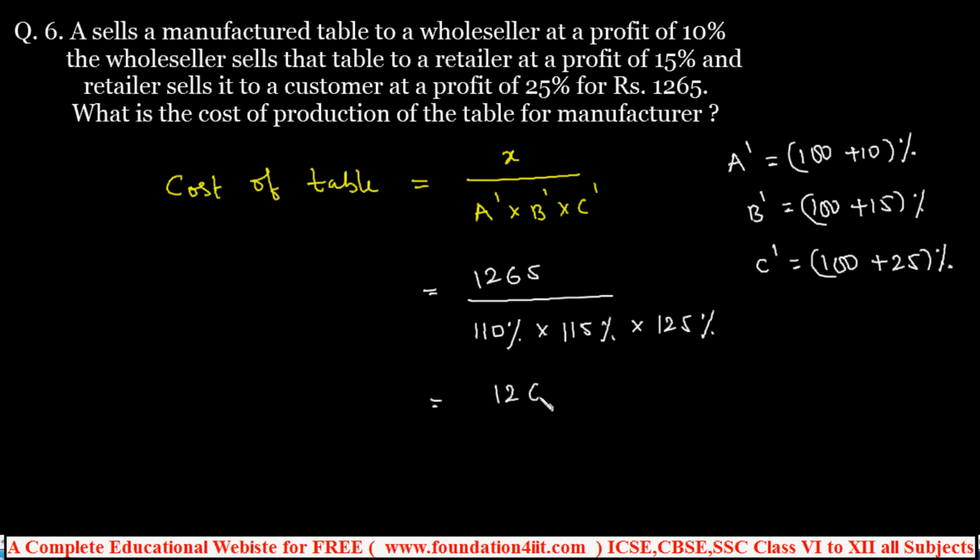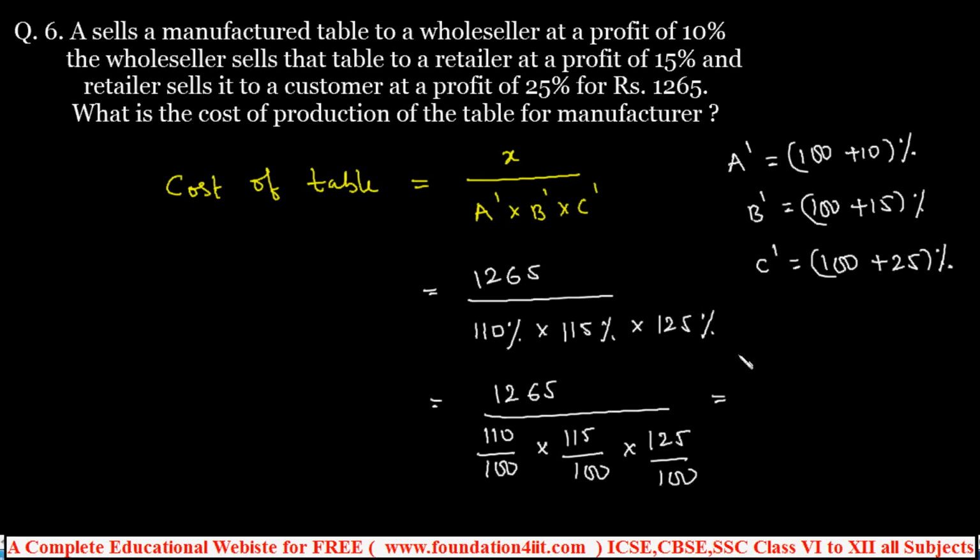This is the cost of the table by the manufacturer, what you are finding now. Now 1265 by 110 by 100. If you remove the percentage symbol, 115 percent is 115 by 100, 125 percent is 125 by 100. This you can calculate now and simplify.